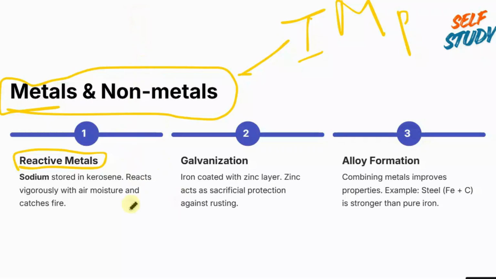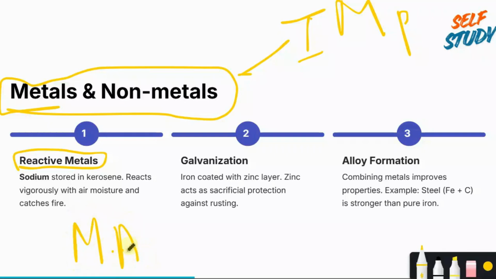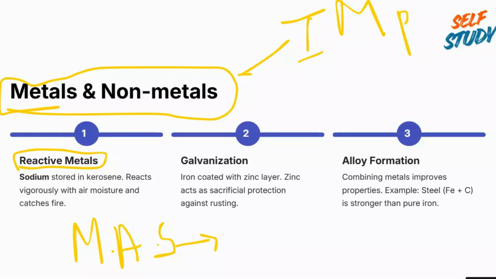The metals are arranged in the metal activity series. The metal activity series is the decreasing order of reactivity of metals. In this series, metals are arranged by their reactivity in decreasing order.